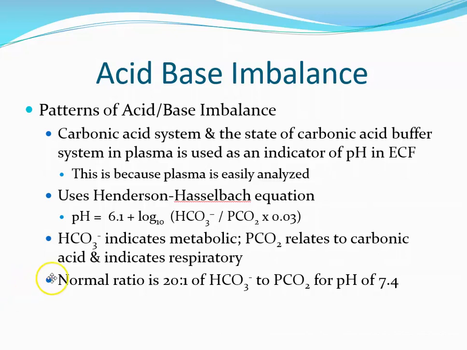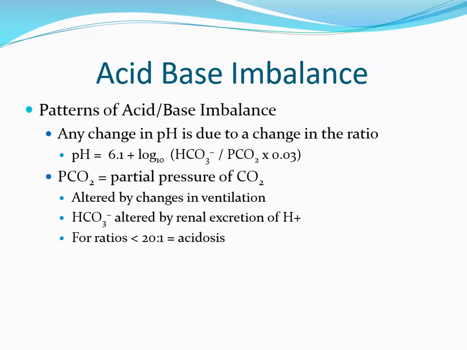Bicarb, HCO3, indicates a metabolic condition. PCO2 relates to carbonic acid and indicates a respiratory condition. Normal ratios between bicarb and CO2 to maintain a pH of 7.4 is about 20:1. Any change in pH is due to a change in this ratio.